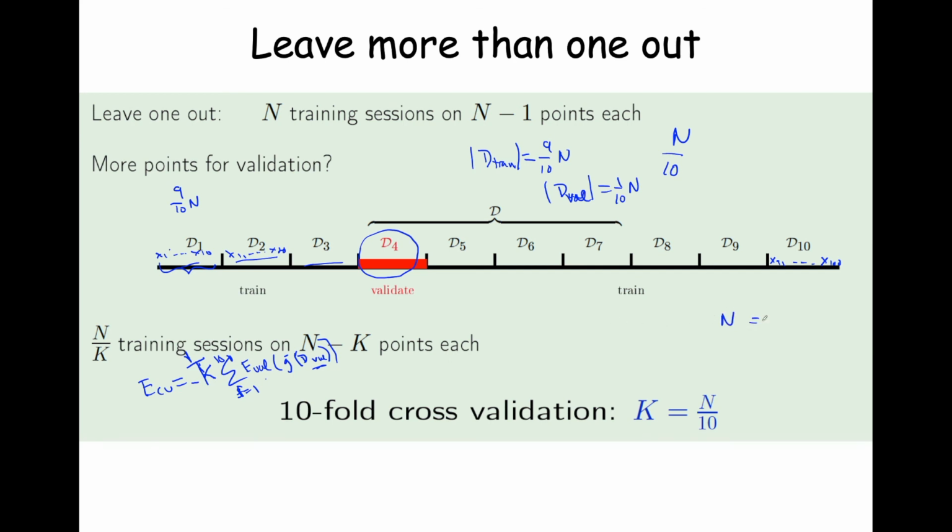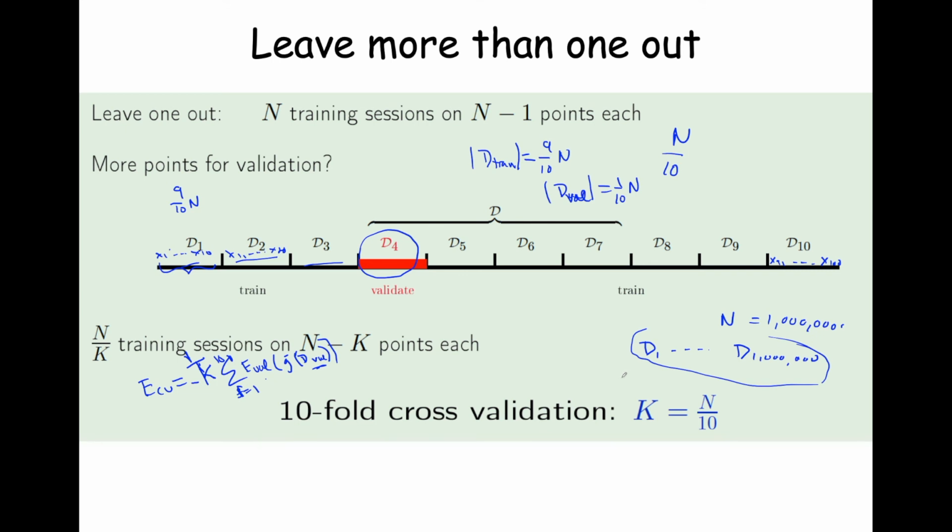Because if n is equal to 1 million, if you were leaving one out, you'd have a million different versions of your training set. You'd have D1 up to and including D1 million, and that would mean you would train your hypothesis set on each one of these million many data sets, and then you would evaluate on each one of the million validation sets, compute the cross-validation error, and then make your selection.